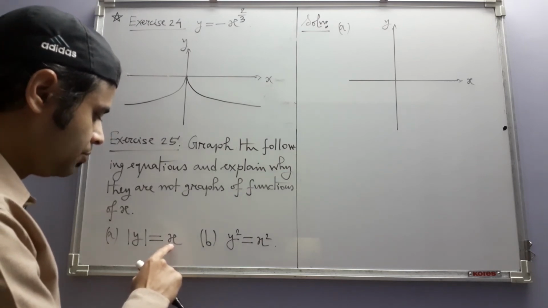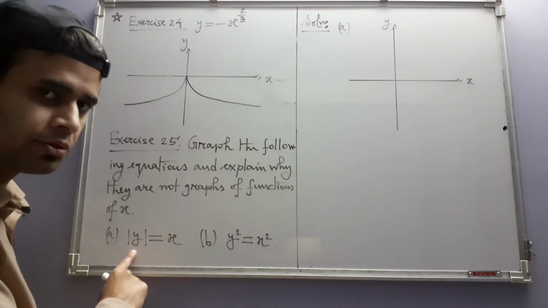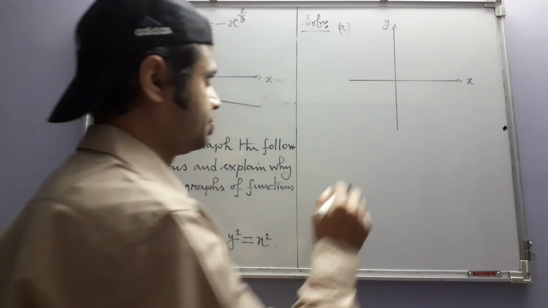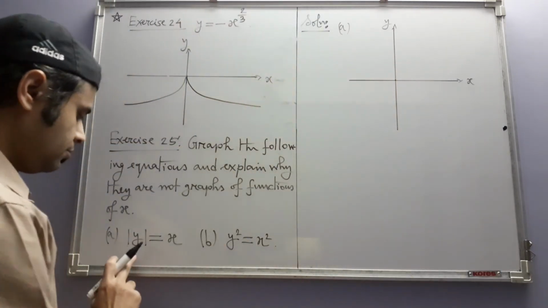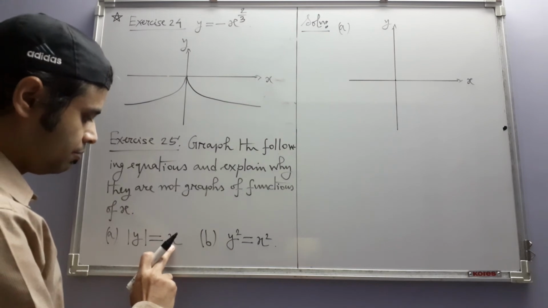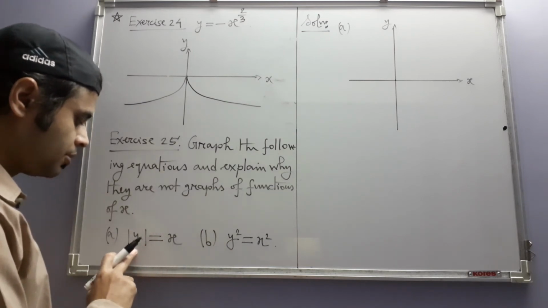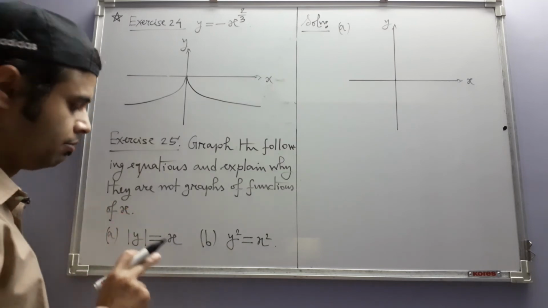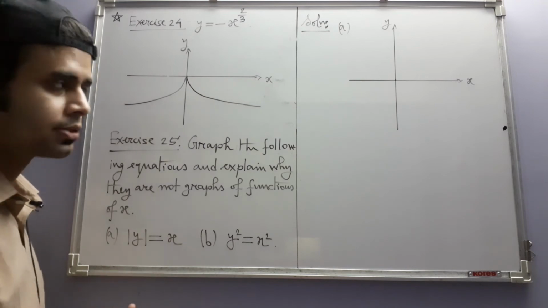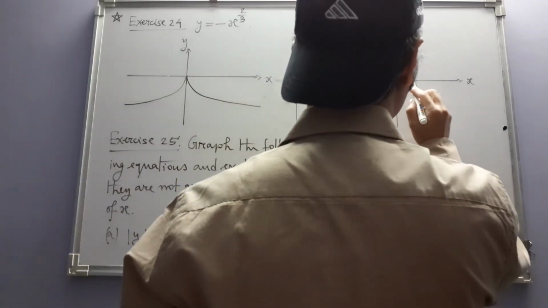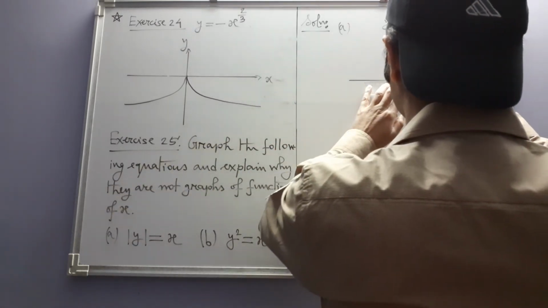Now when we put x equal to say 0, there is only one possibility for y, that is 0. And when we put some positive value of x, correspondingly y has two values. One of them is x itself and the other one is minus x. So the graph of this equation will look like this.